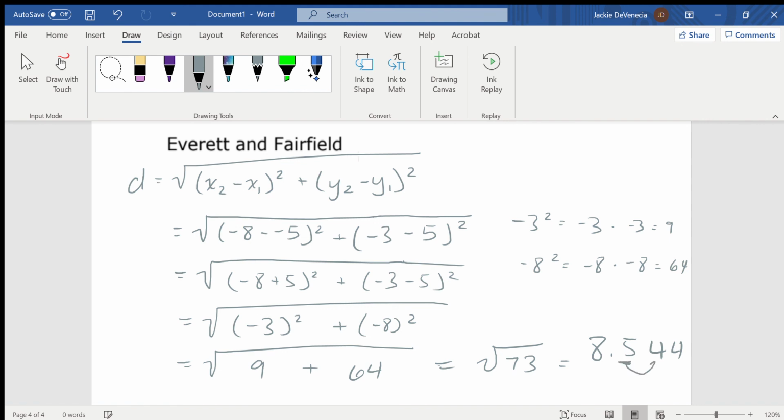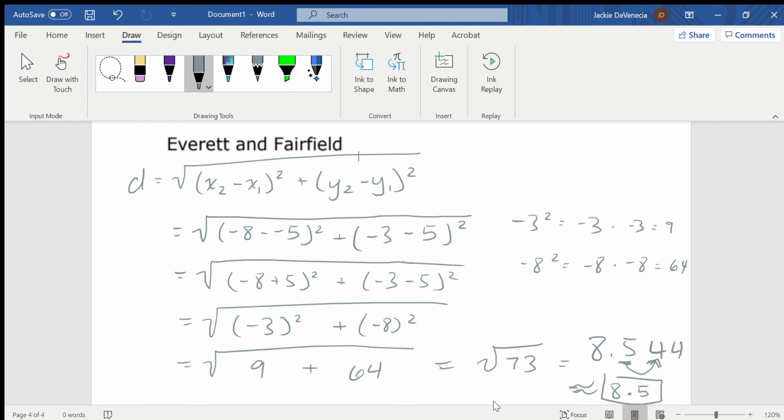I need to look at the 4 to see if it's going to go up 1 or stay the same. So the rhyme usually goes 4 or less, let it rest. 5 or more, raise a score. So this is 4. It's less than 5. So this one I'm going to leave it as 8.5. So the distance is about 8.5. And that's the answer there.